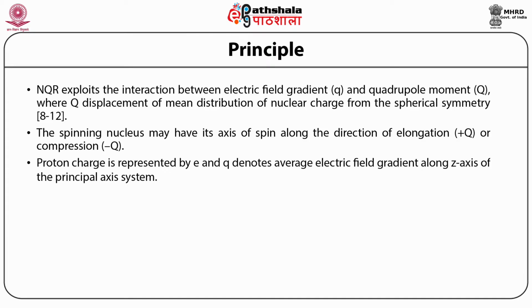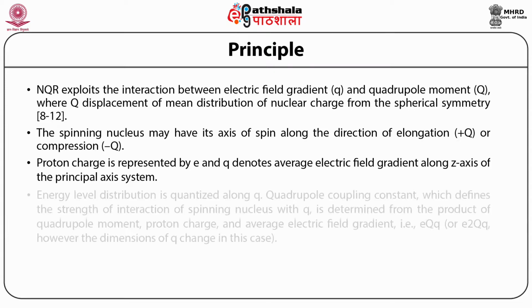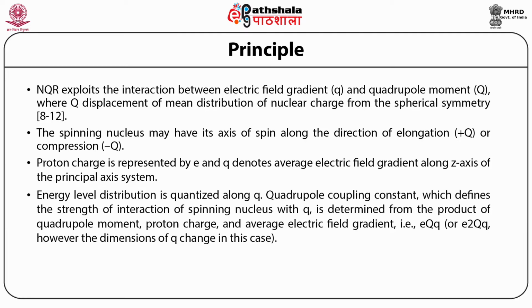So e is the average electric field and q is the gradient along the z-axis of the principal axis system. The energy level distribution is quantized along Q, and the quadrupole coupling constant defines the strength of the charge and the average electric field gradient, that is eQq, or we can say e squared Qq.